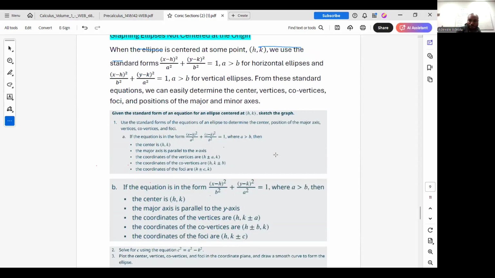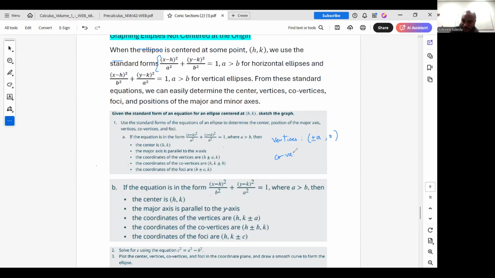This is what you need to do. Now, remember that the other time we claimed the vertices will be, in this case, let us consider the case where we have it along the x-axis, plus or minus a, comma 0.